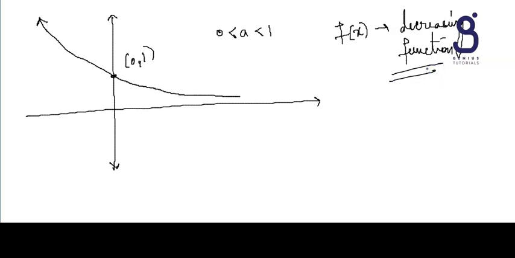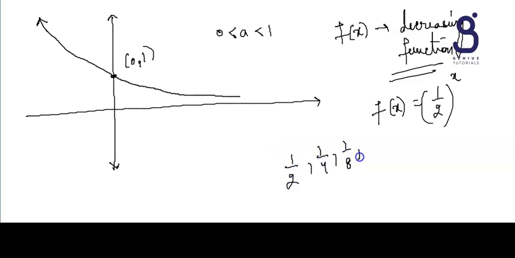Got it? It will not be equal to 0. Suppose I am taking f(x) = (1/2)^x. If you keep increasing the value of x, it will be 1/2, 1/4, 1/8, 1/16 and so on. You can clearly see that the value will just approach 0. If you increase the value of x to infinity, the value will approach 0.